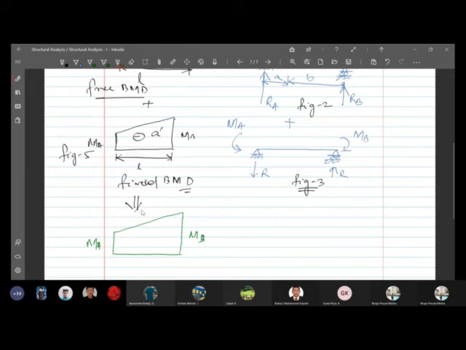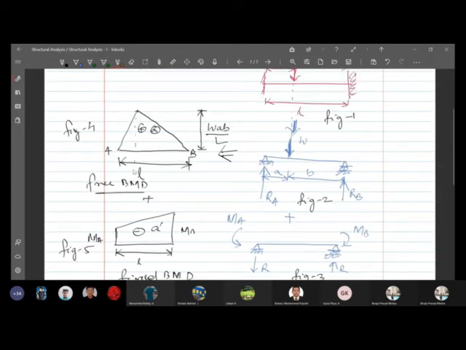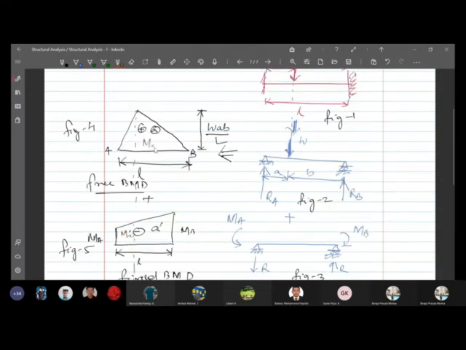This one will be negative, this one negative, and this part positive. One more thing, this is Mx bar and this is Mx.